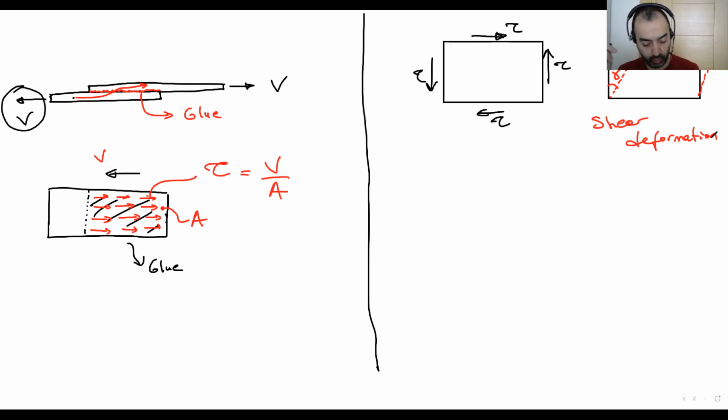Now we know this one, and I'm trying to give you different examples to understand where you can encounter these types of problems. Let's say another example.